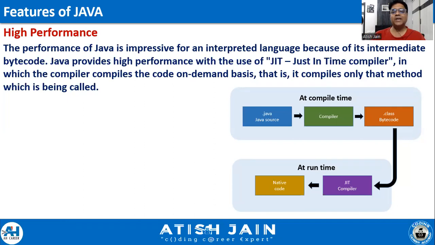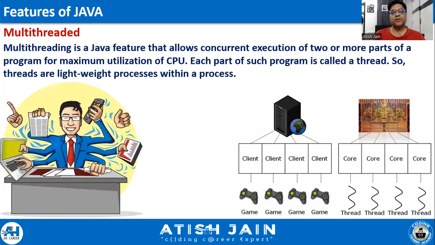If you are not making any changes in your code and you keep running that code again and again, then the Java compiler is not going to recompile the program. Your bytecode is handled by the JIT compiler, what we call just-in-time compiler. So it saves a lot of recompilation time, and it makes your application perform well. This is what we call high performance.